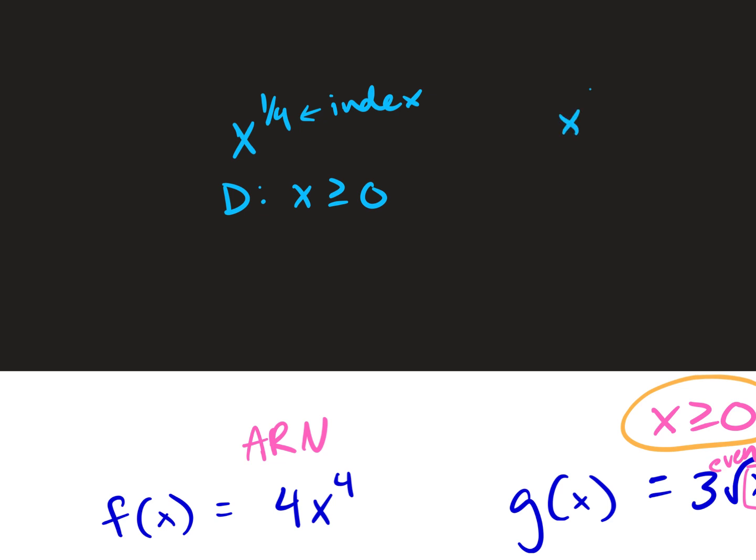But if it was x to the power of 1/3, what would my domain be here? All real numbers. And if it was something like 3/4, it doesn't matter, it's only the x. X is greater than or equal to 0. If it was something like x to the 3/4, you're looking at the index. So that 4 on the bottom means that it would be x is greater than or equal to 0.